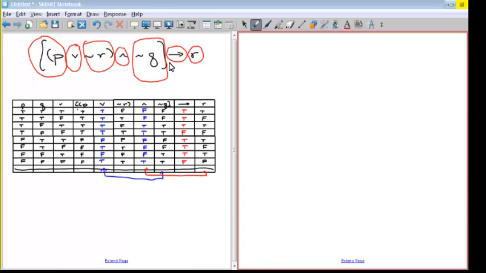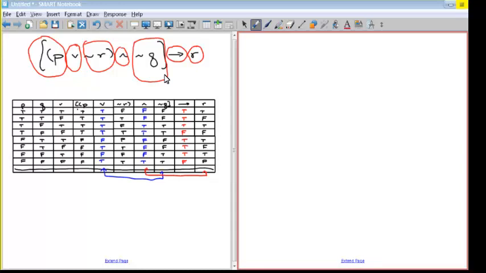Now the last thing we have is a logical argument. We use truth tables to determine whether an argument is logical, or is a valid argument. So what I'm going to ask you to do is, we're going to give you a problem like one of the problems on page 119. So I'm going to pick one of those.